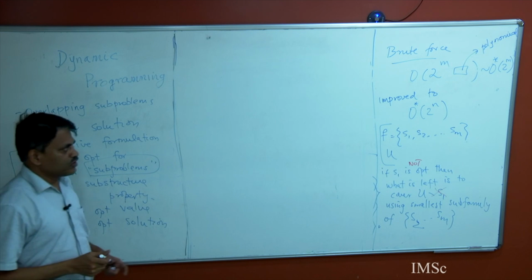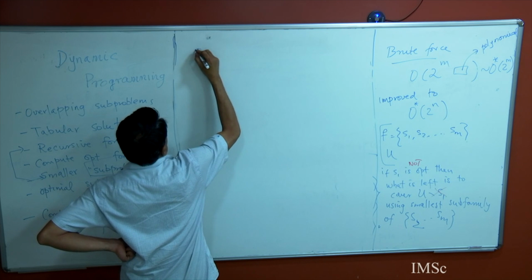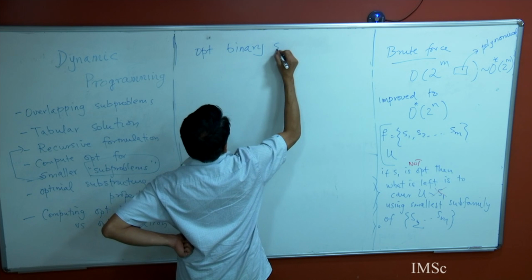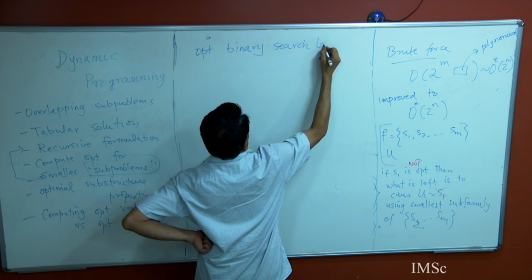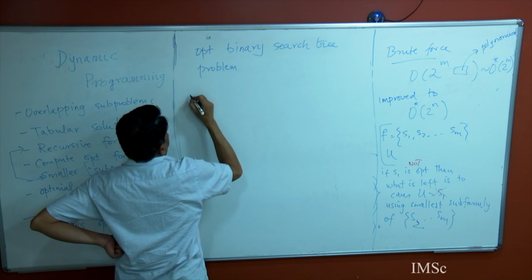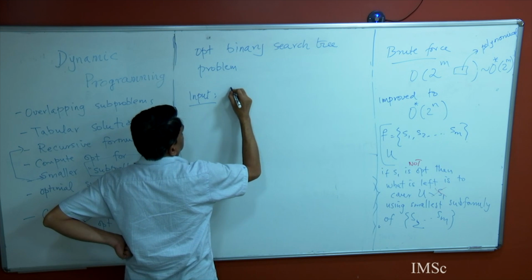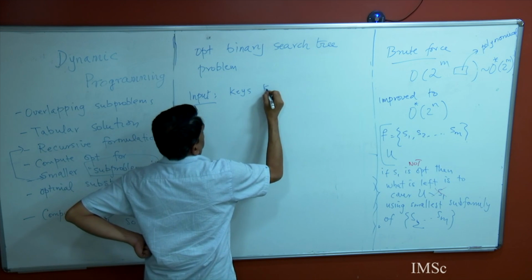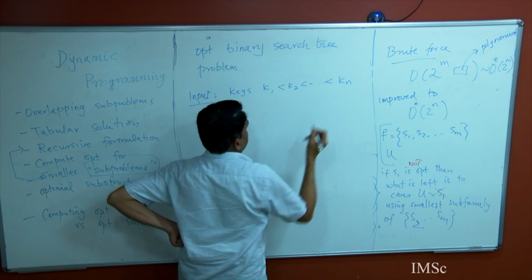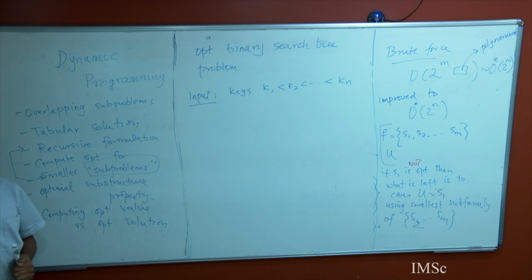Okay, so this example I am not going to give the complete details, but let me define the problem. It is the optimum binary search tree problem. So you are given as input your keys k1 less than k2 less than ... less than kn, and I want to build a binary search tree on them.